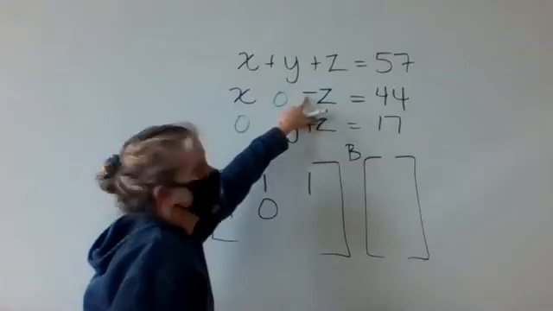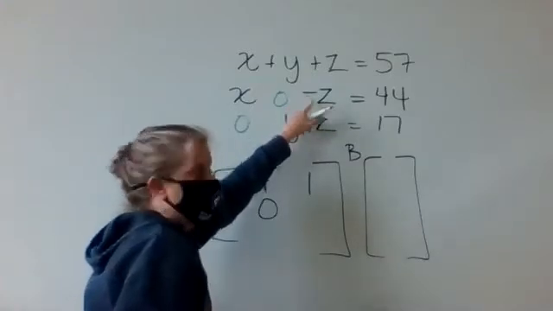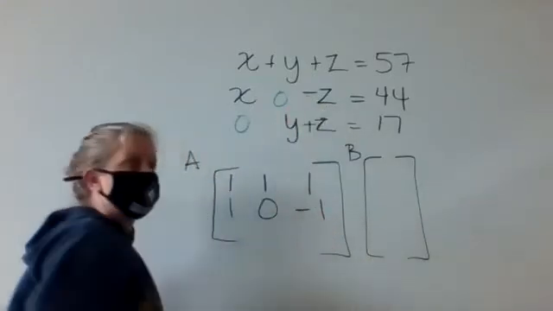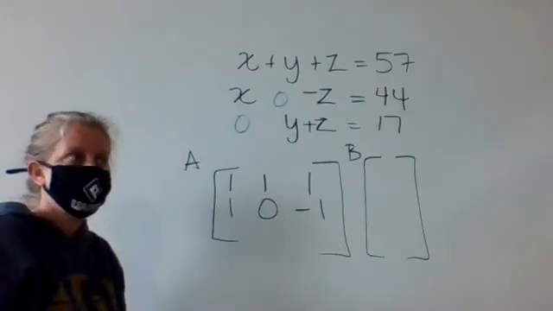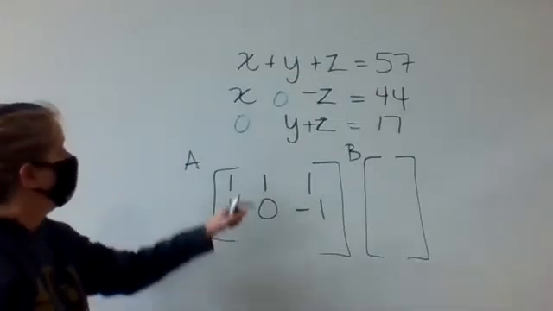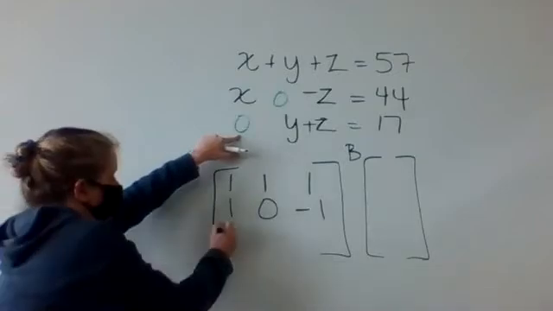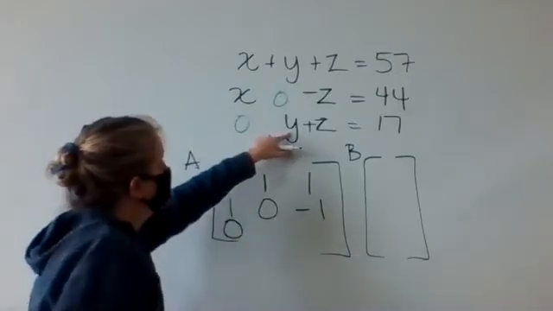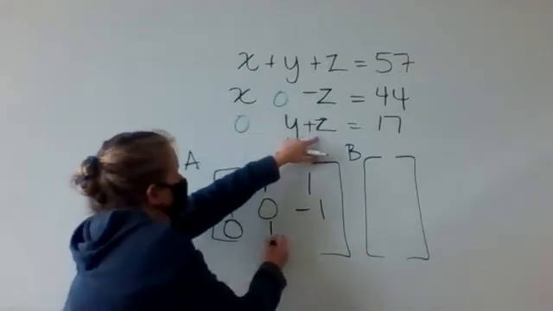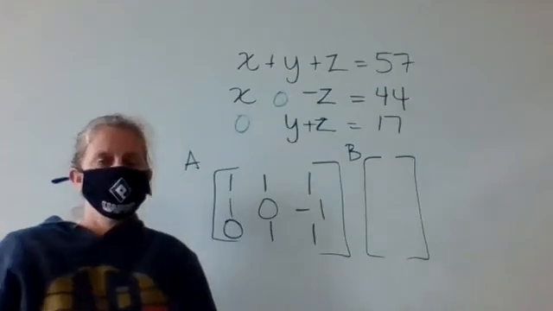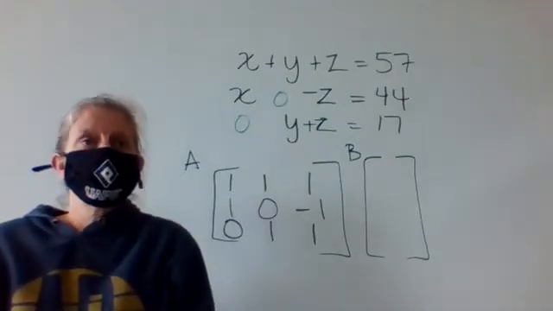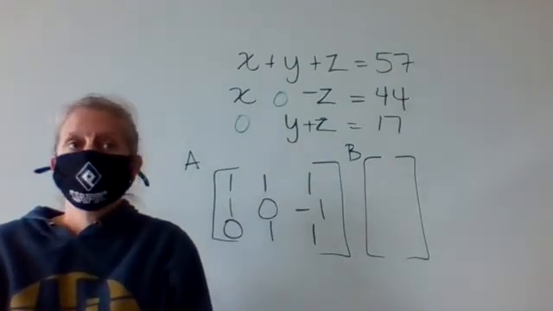In front of my Z is a -1. And then my bottom row, this time I have a 0x. My Y has a 1 in front of it, and my Z has a 1 in front of it. So there's your matrix A.